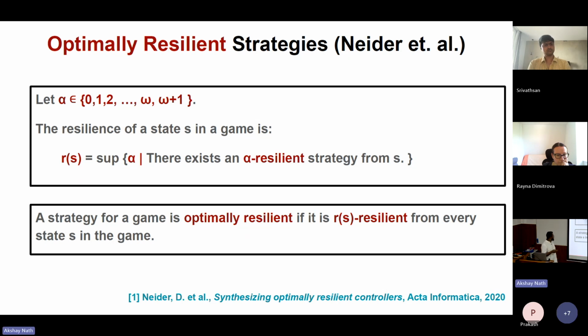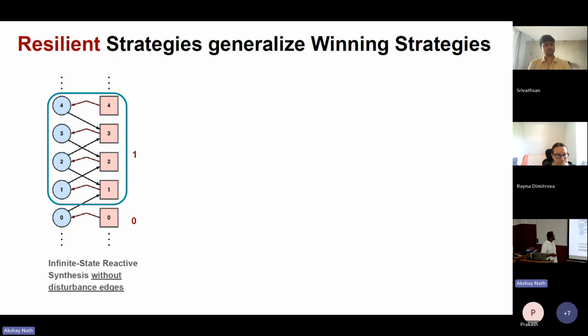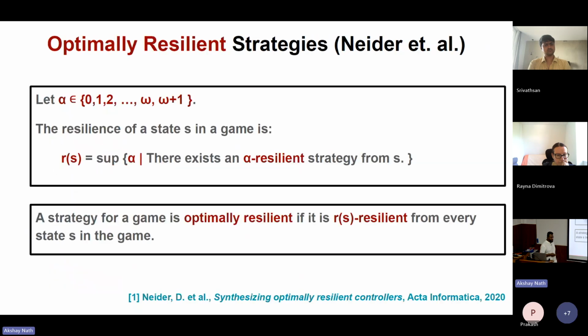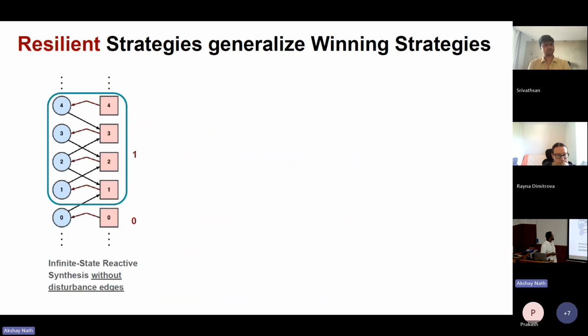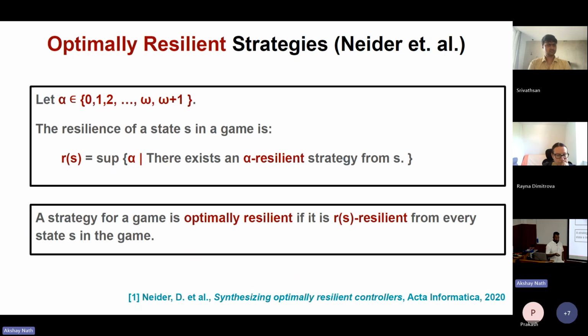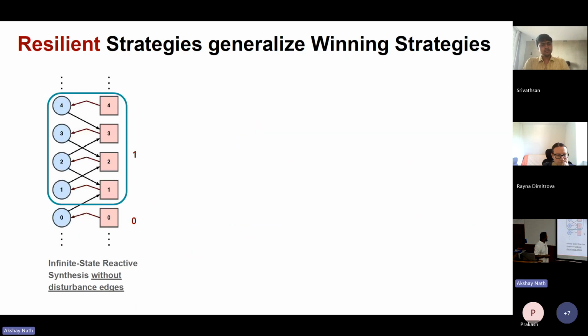So I think there's a lot of definitions here. Let me try to explain this intuitively, and why these resilient strategies essentially generalize the winning strategies that we saw in the first part of the thesis. So let's say I have this game without any disturbance edges, right? And I feed it into a standard solver, like the first part of the thesis. Let's say I solve it, I get a winning region, and I get a strategy.